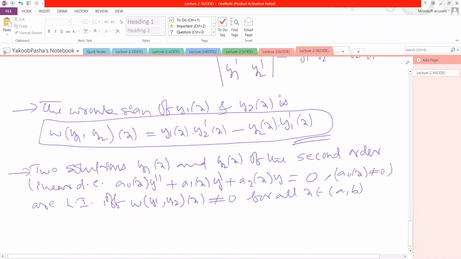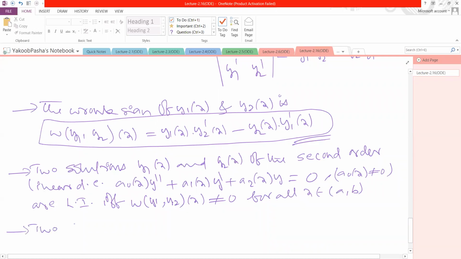The given interval I is the open interval a, b. In this interval, the solutions are linearly independent if and only if the Wronskian is not equal to 0. If the Wronskian is equal to 0, then the solutions are linearly dependent. Now two solutions I am writing here.